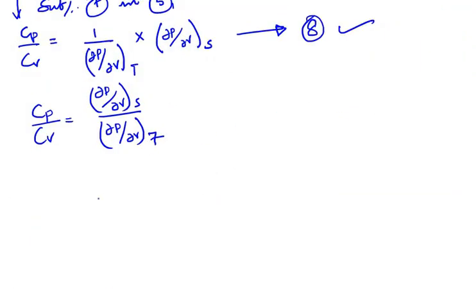And equation 6 is gamma is equal to dou P by dou V at constant entropy divided by dou P by dou V at constant temperature.